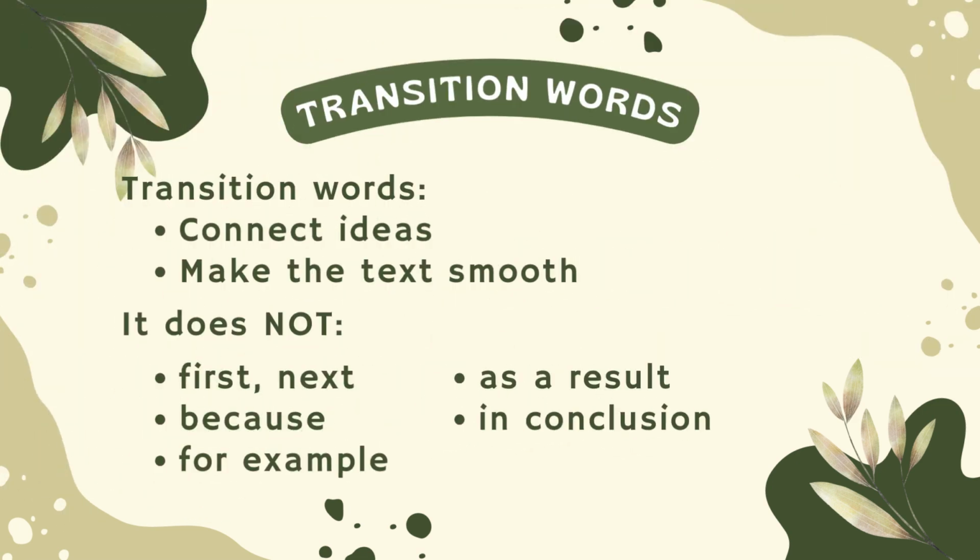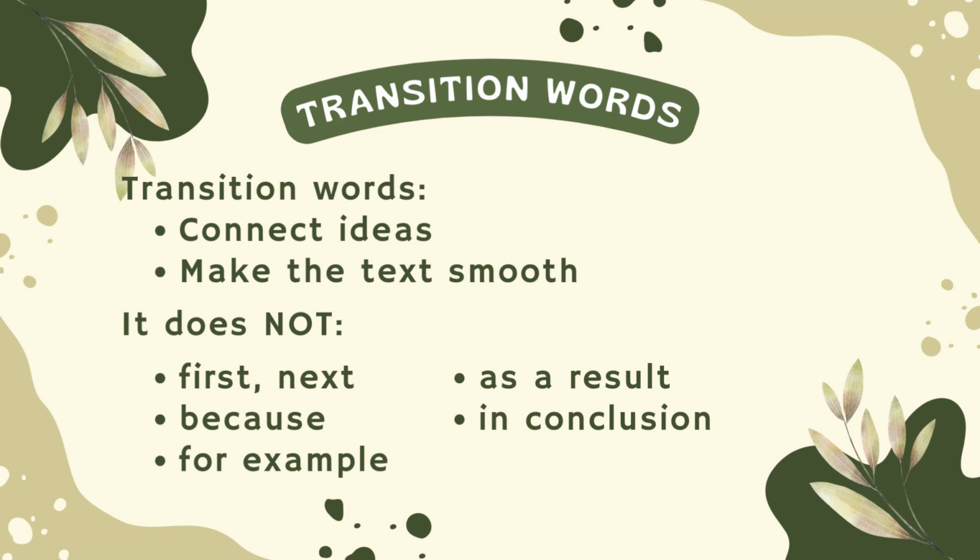Next, we have the transition words. During your feature article creation, most of you forgot to properly use the transition words. In order for us to have a better feature article, we should use the correct transition words.